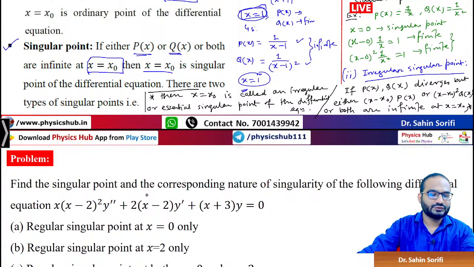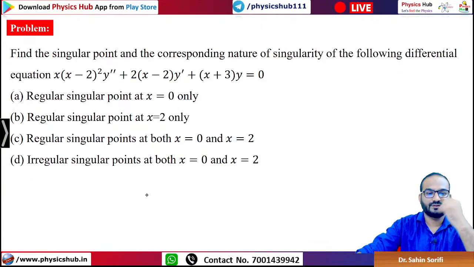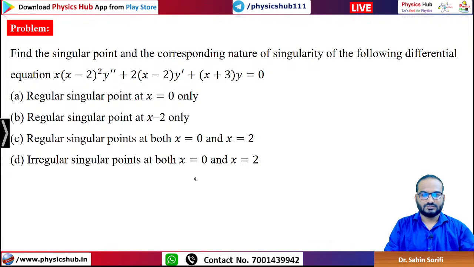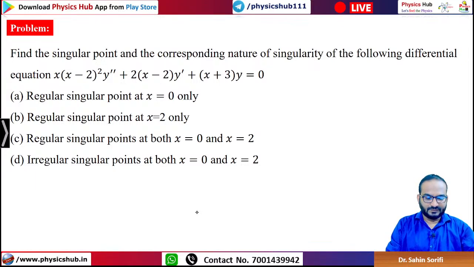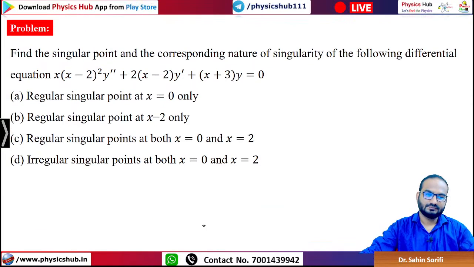Can you solve this problem? Find the singular point and the corresponding nature of singularity of the following differential equation. Hurry up, do it quickly.